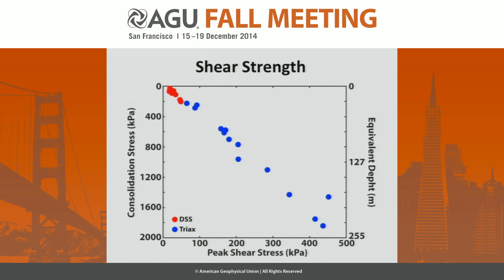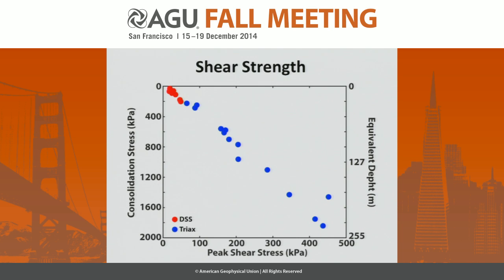For those of you who want to think about it in depth, we're going from near seafloor conditions, 0 burial depth, down to a hydrostatic equivalent depth of about 250 meters of burial. And we can look at how the peak shear stress evolves with different consolidation stress. And we see a nice general increase in the shear strength downhole in both sets of experiments.